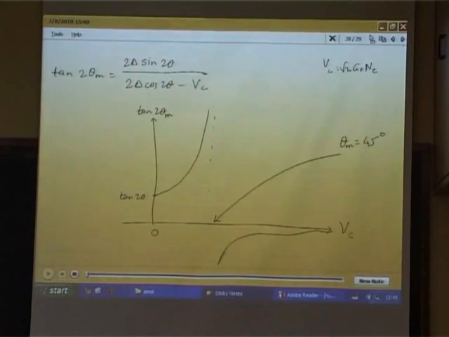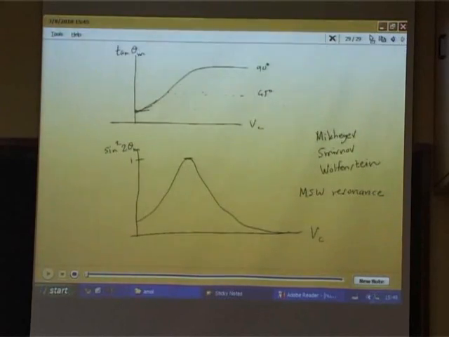Okay. So, which means that 2 delta cos 2 theta is equal to Vc. So I can write it as 2 delta m square by 2E cos 2 theta is equal to Vc.